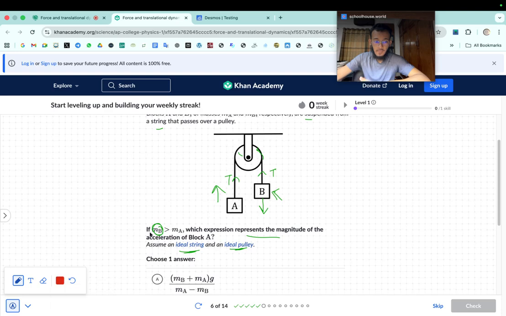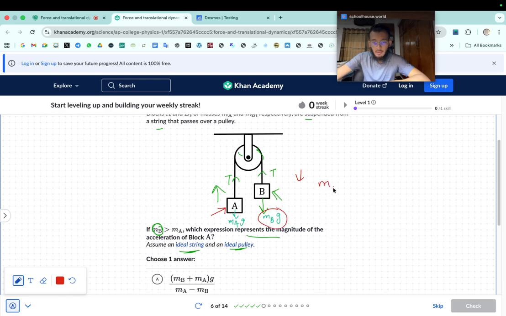Similarly for A, when we observe tension from here, it would be upwards. Down here we have the weights acting, so mB times g, and here mA times g. Because it's moving downwards here, the resultant force would be in this direction, which means this must be greater.